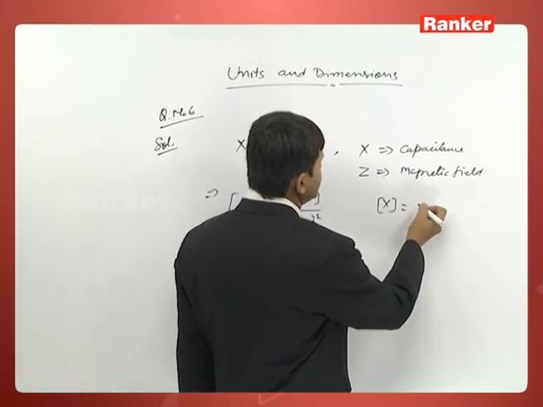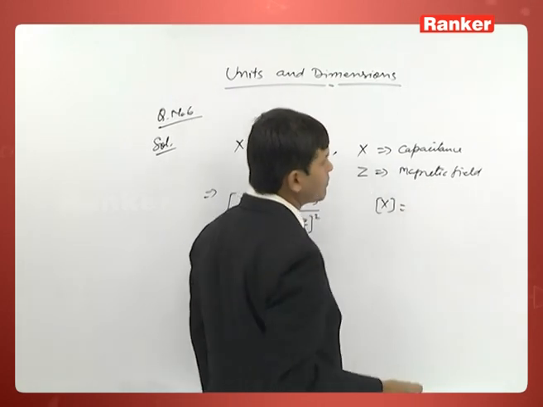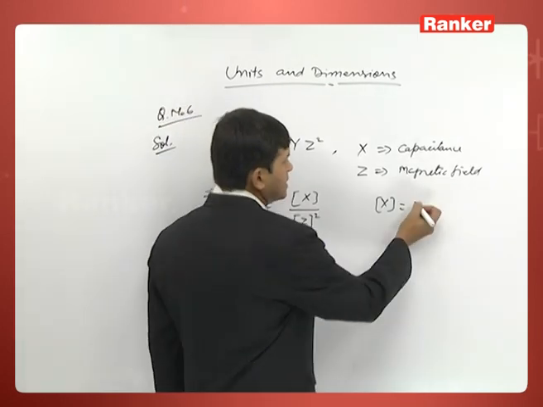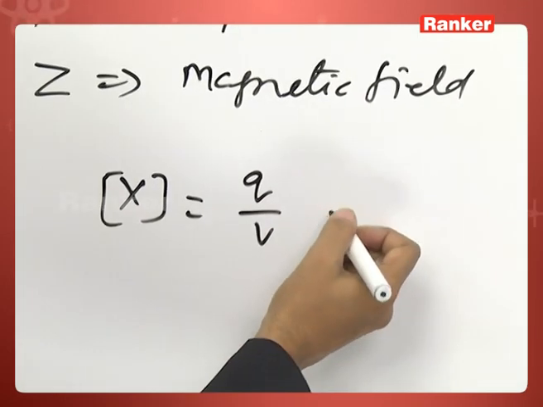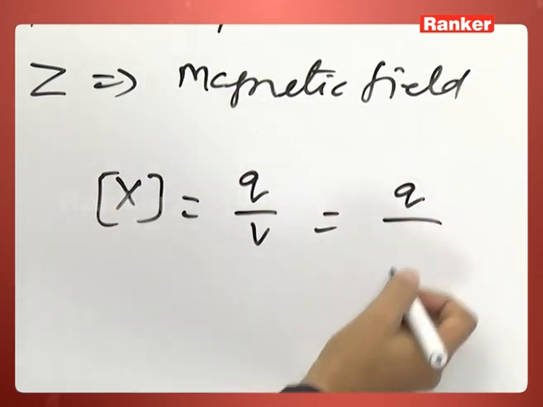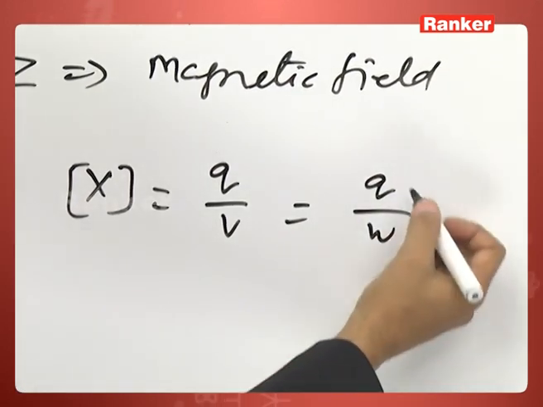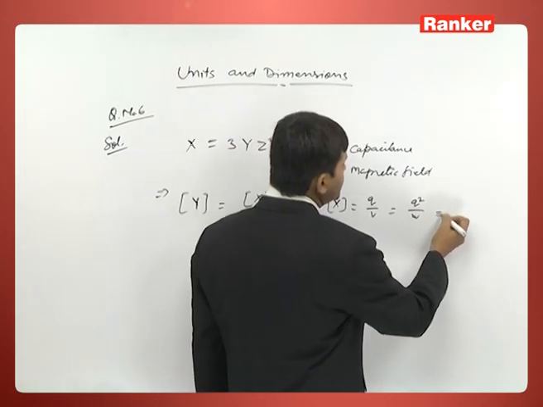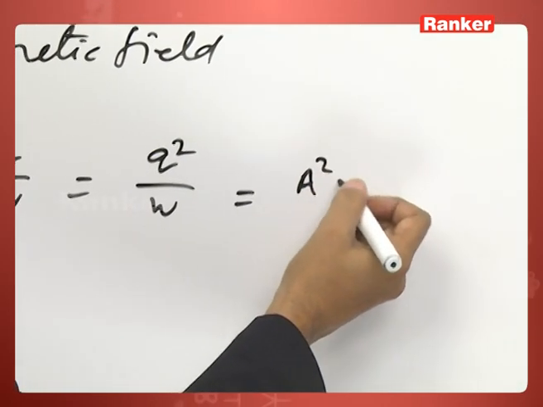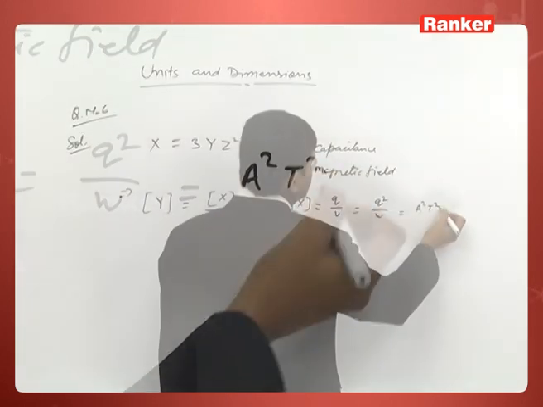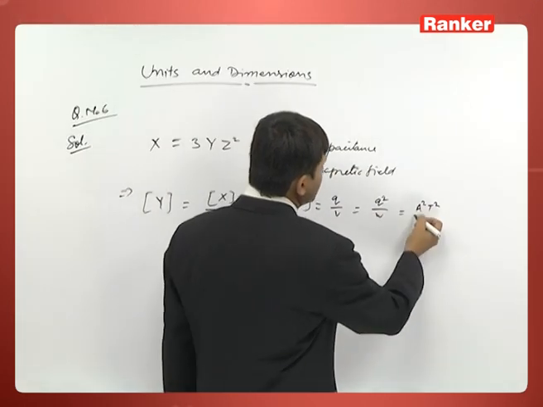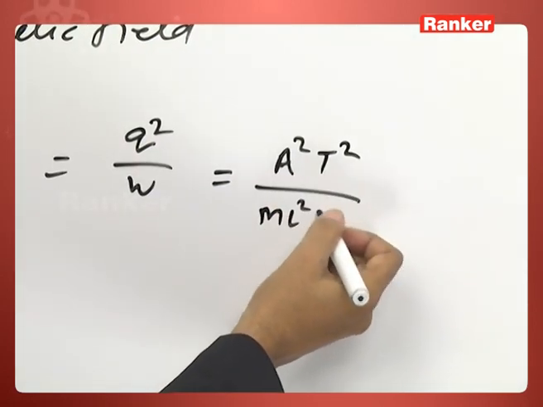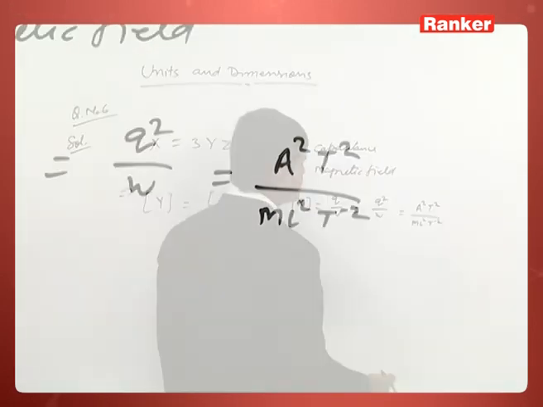Capacitance is written as C equals Q by V, and V is W by Q. The dimension of Q is A T, so Q squared is A squared T squared, and the dimension of work done is M L squared T minus 2.